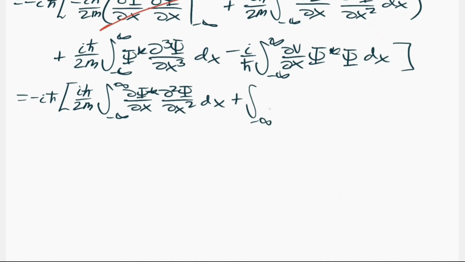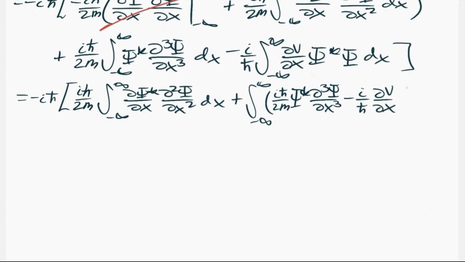So negative infinity to infinity, and we're going to do i h bar over 2m of psi star d cubed psi/dx cubed, minus i over h bar dV/dx psi star psi dx.